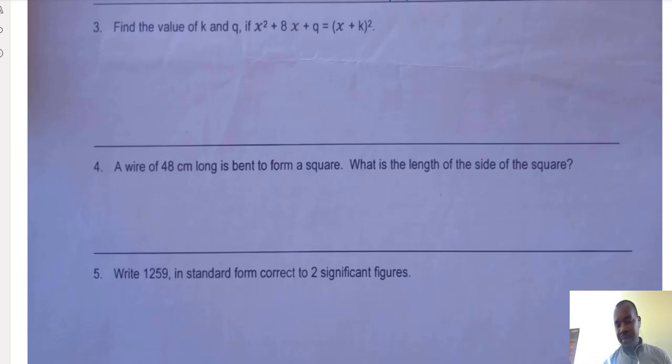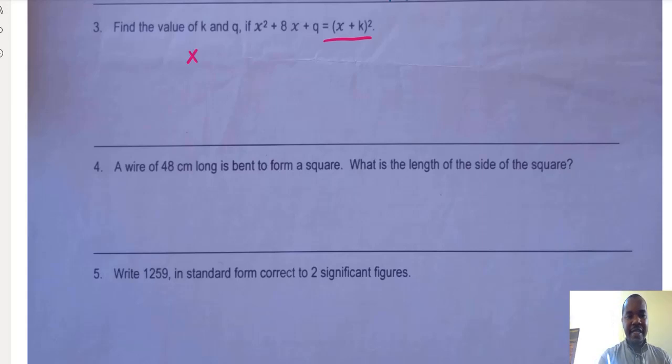We go to question number 3. Find the value of k and q if x squared plus 8x plus q equals (x plus k) squared. First of all, we are going to expand this one, then compare with the other equation.